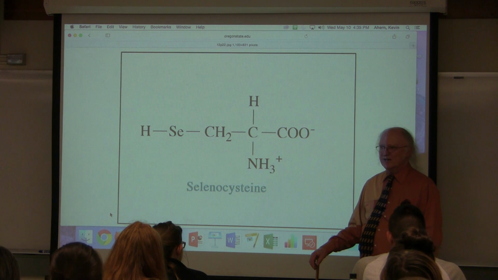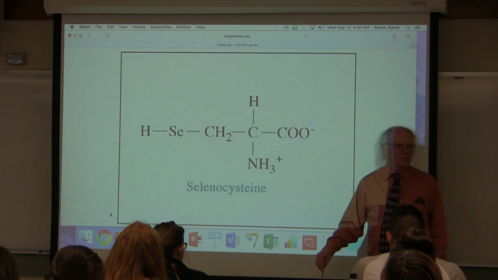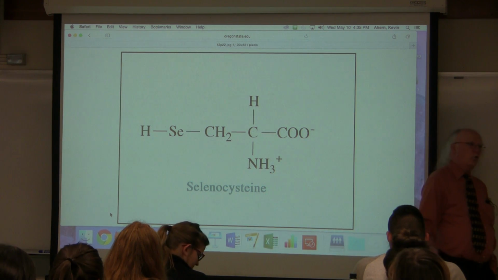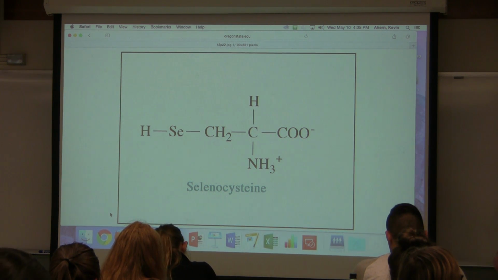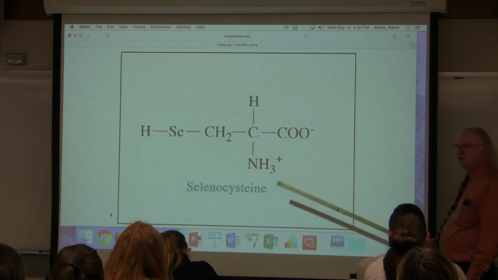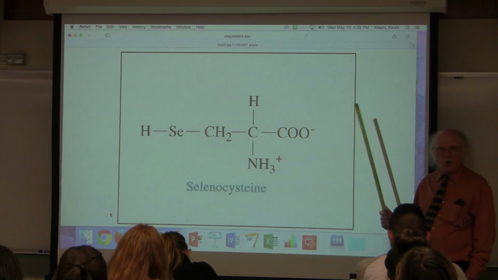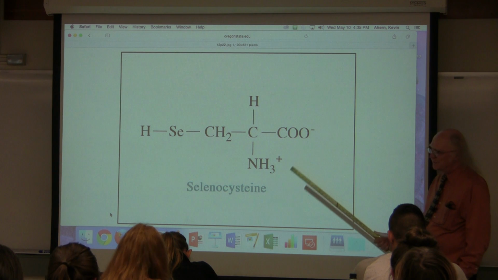RNA polymerases always only work in the 5' to 3' direction. And translation always only works in the 5' to 3' direction. So that 5' to 3' direction is a pretty absolute thing in how these various enzymes work.